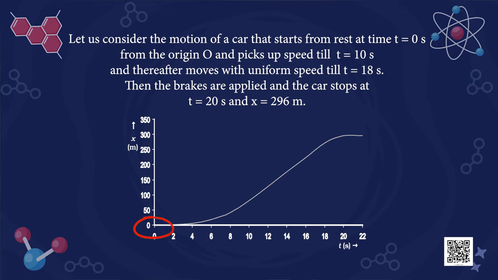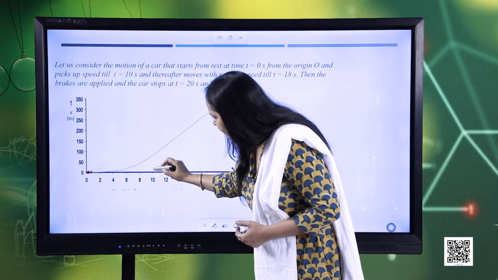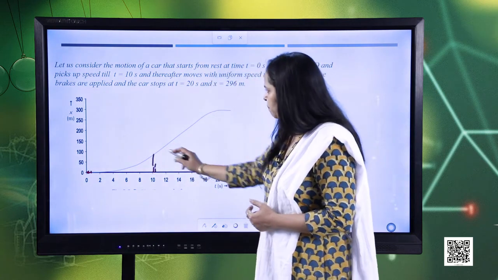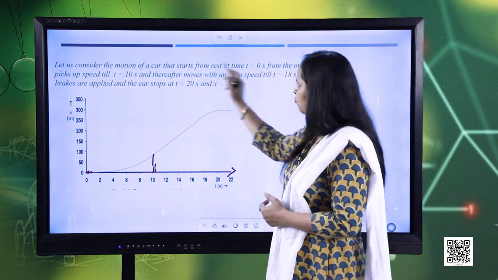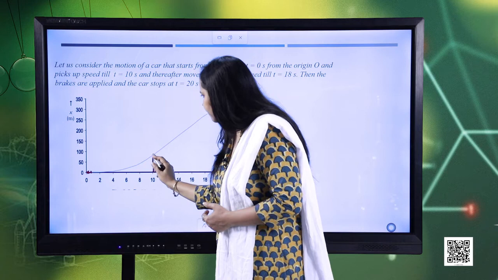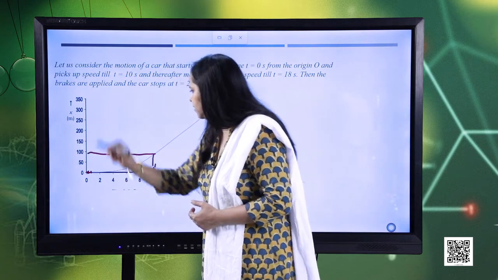so initially the car is at this location from the origin and picks up speed till t equal to 10 seconds. By the time it's 10 seconds, you can see it has picked up speed. How can we find out the position?